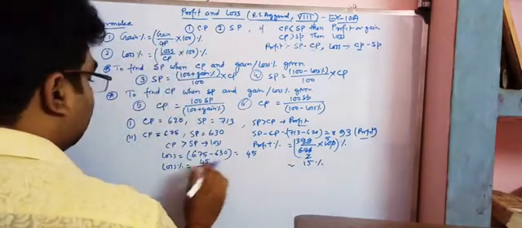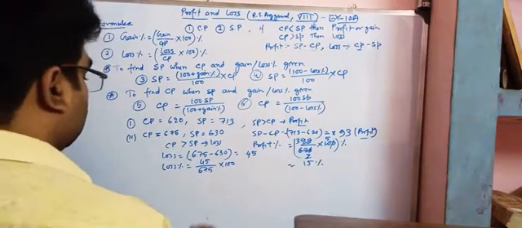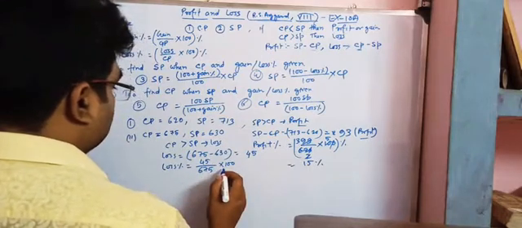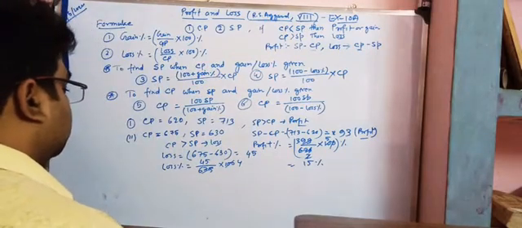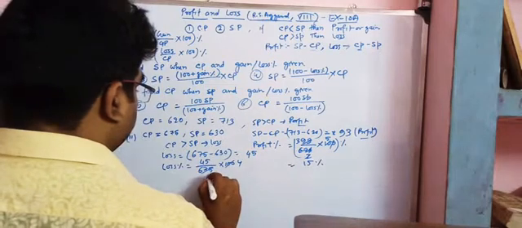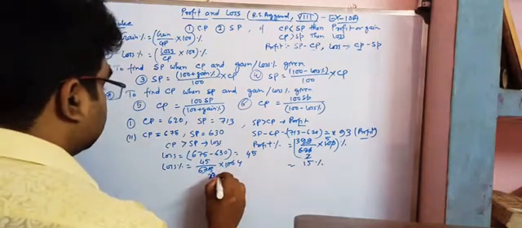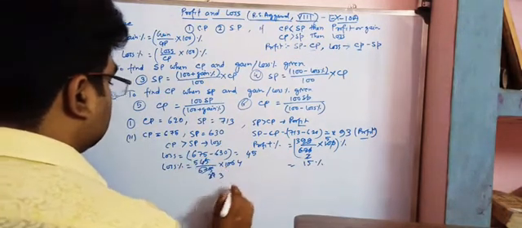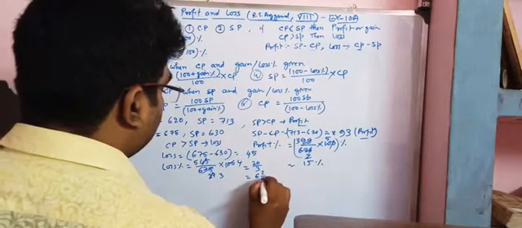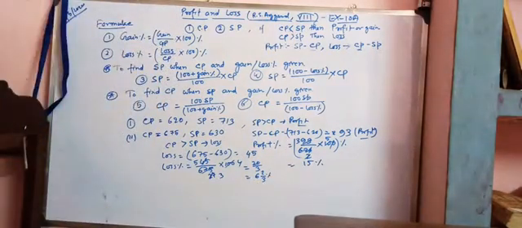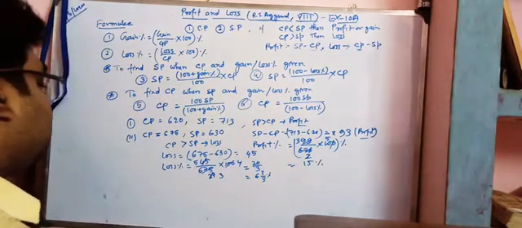This is CP, this is CP, that means 675 into 100. So 6 2 by 3 percent is my loss percent.